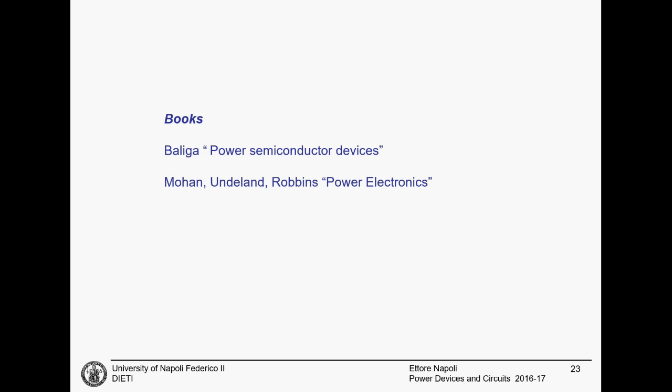Let's say the reality is in the middle. The power circuit defines its performance as a function of the power device, and the power device cannot be designed without having in mind the application and the circuit. And in these lectures, we try to merge these two important aspects.